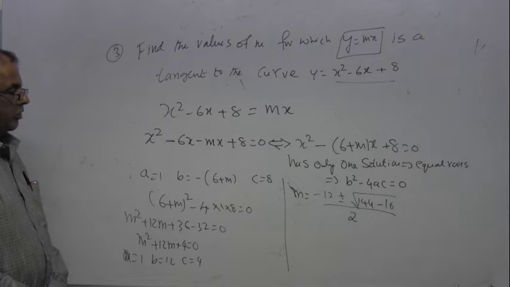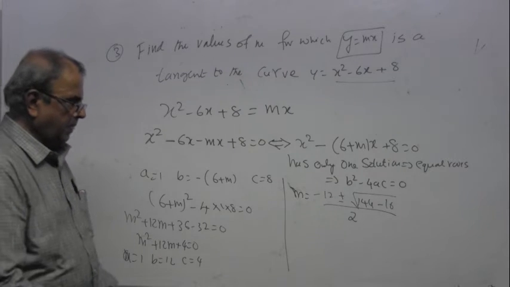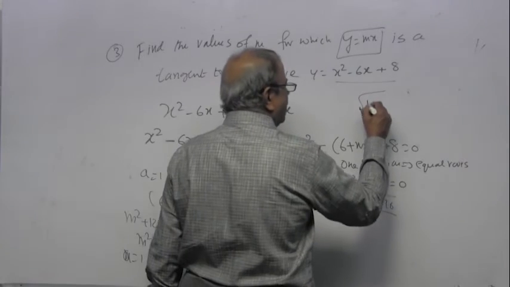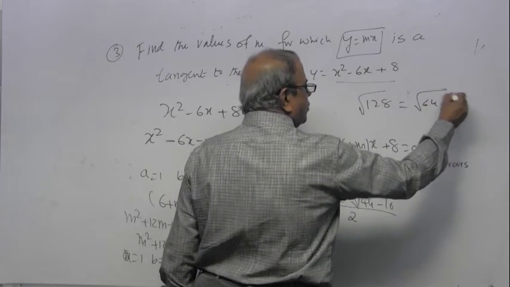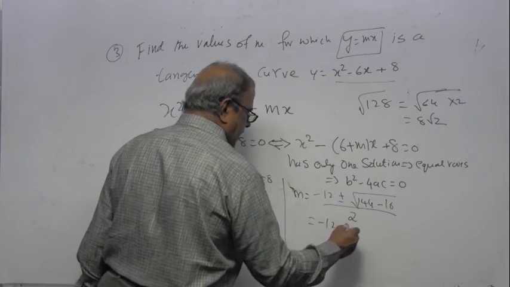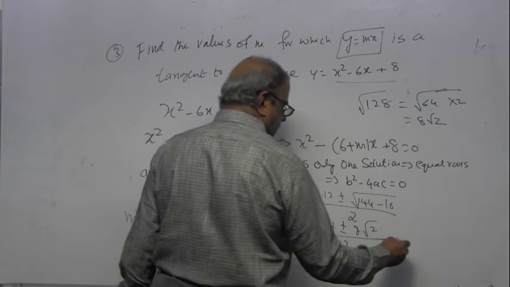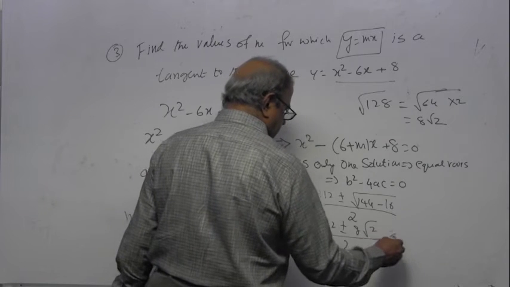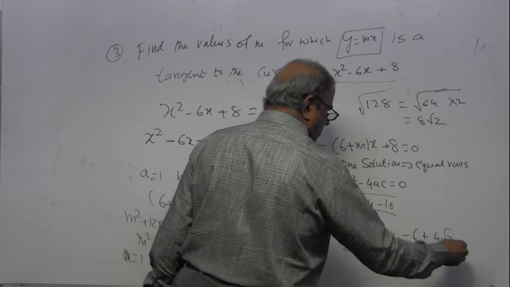So b squared is 144, minus 4ac is 16. 144 minus 16 is 128. And remember, I haven't taught you surds, but I expect you to know from GCSE that this is 64 times 2, which is 8 root 2. So it is minus 12 plus or minus 8 root 2 over 2, divide through by 2. So I get minus 6 plus or minus 4 root 2.